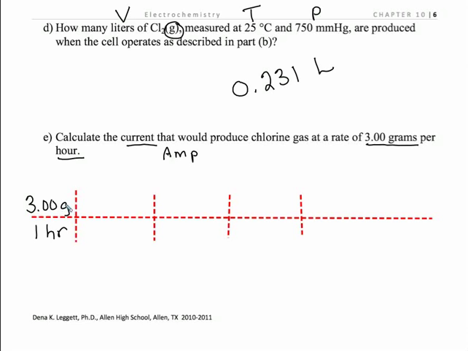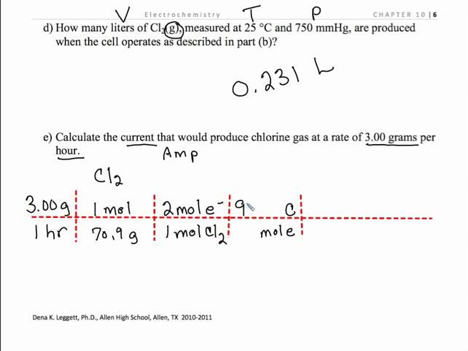Now if you wanted, you could take grams to coulombs and then divide by time at the end. Whatever you want to do. This is Cl2. So 1 mole per 70.9 grams. Now we've already discussed the fact that it's 2 moles of electrons for every 1 mole of chlorine that is formed. Now I want to get rid of moles of electrons and go to coulombs.